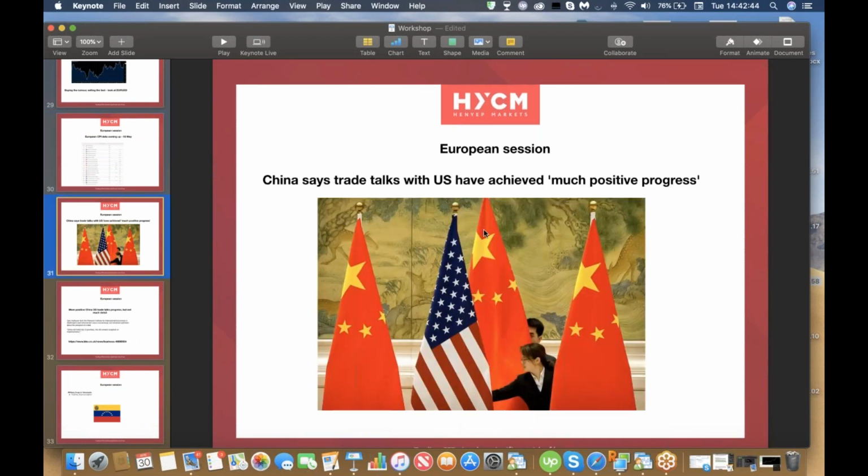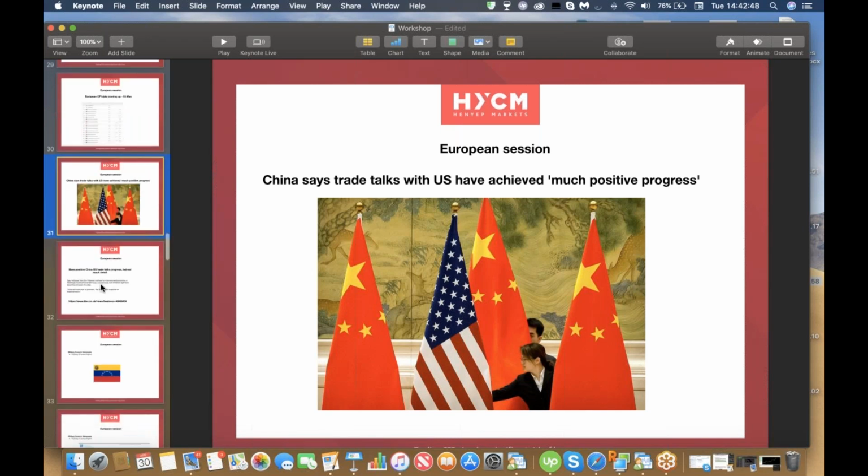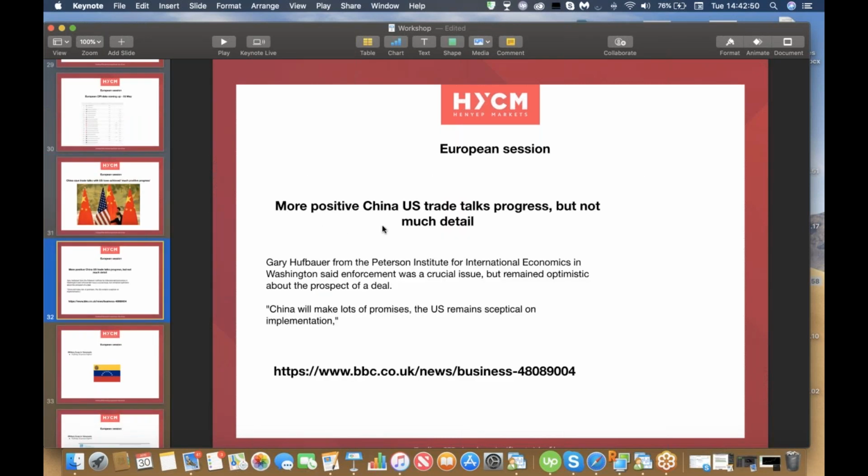There was talk that China says trade talks with the US have achieved much positive progress. There's been more positive China-US trade talks progress, but not much detail. You have to remember that the Chinese-US trade deal is a very political deal, and it's in both countries' best interests to make positive sounds that a deal is coming.